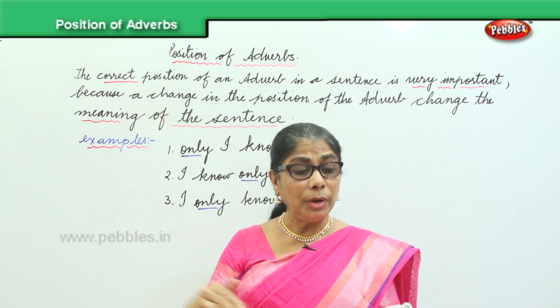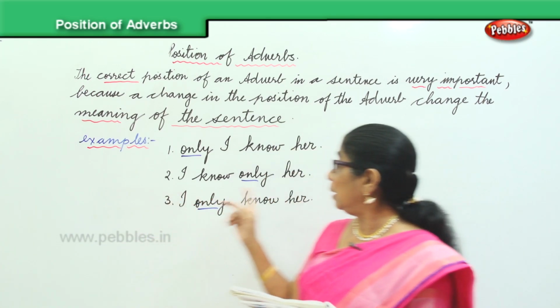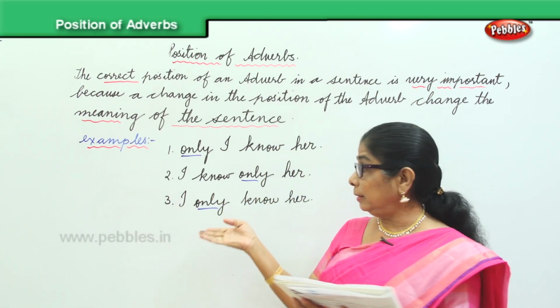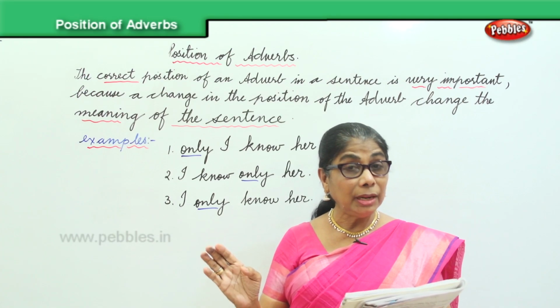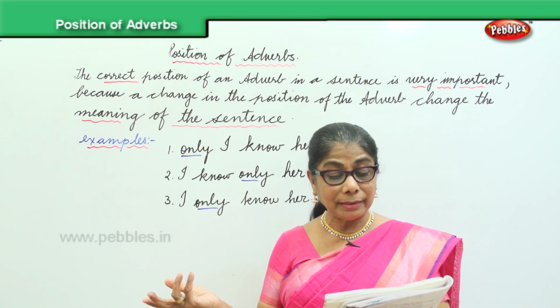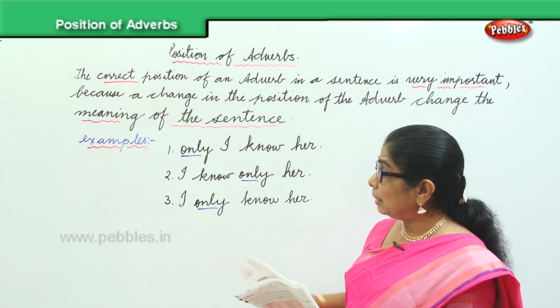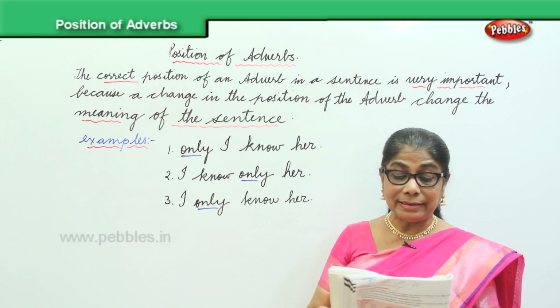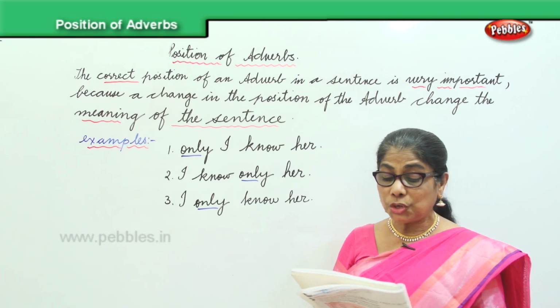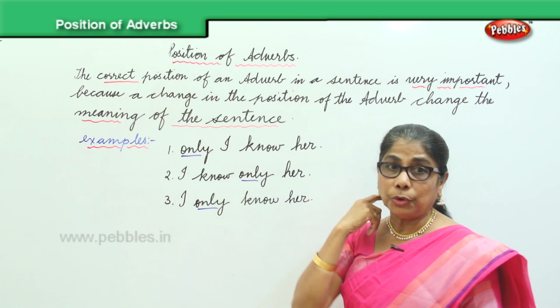I know only her: I know no one else but her. And the third, I only know her: I just know her, nothing more than that. So, we see the meaning of the three sentences changes when we shift the position of the adverb only.